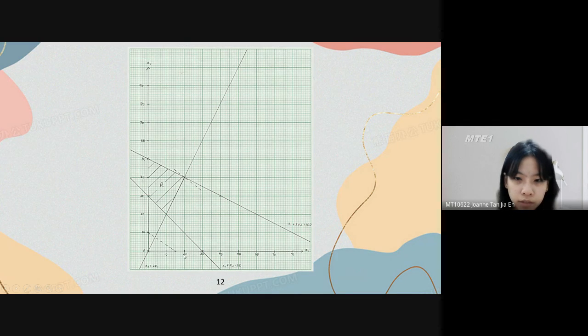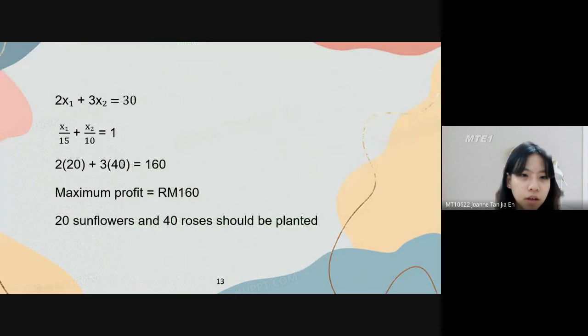And this 20 is the number of S1, which is sunflowers we should plant, and this 40 is the number of S2, which is roses we should plant. The answer we get is 20 and 40. So 2 times 20 plus 3 times 40 equals our maximum profit.